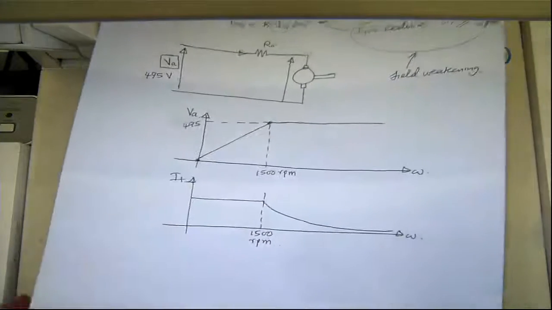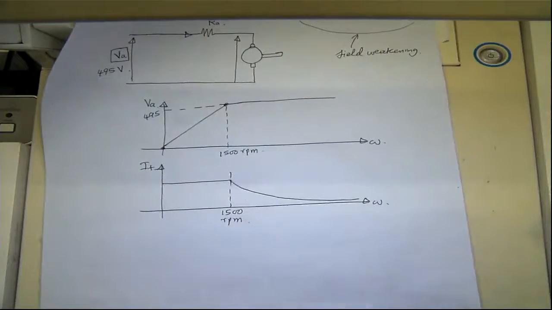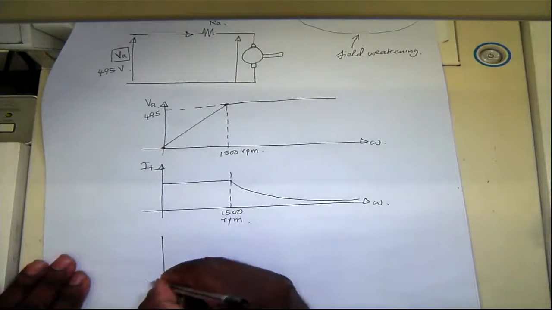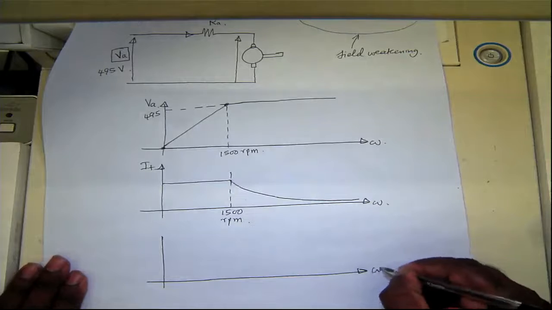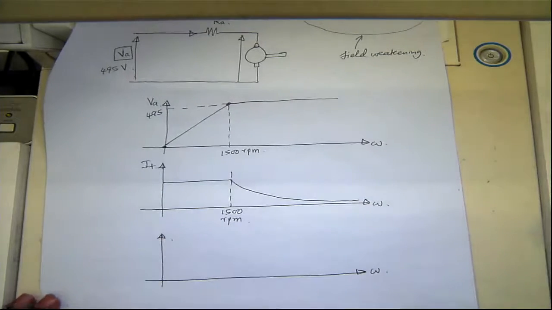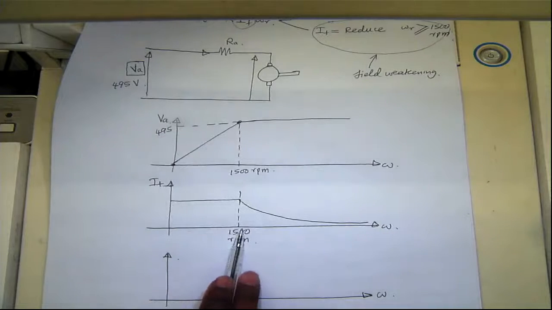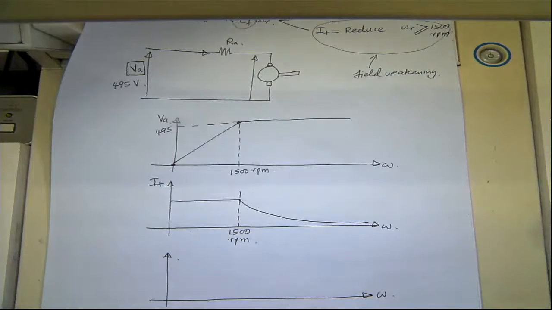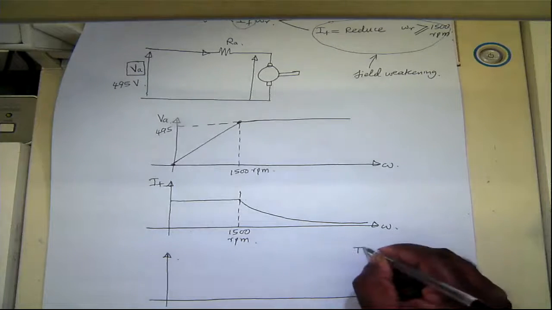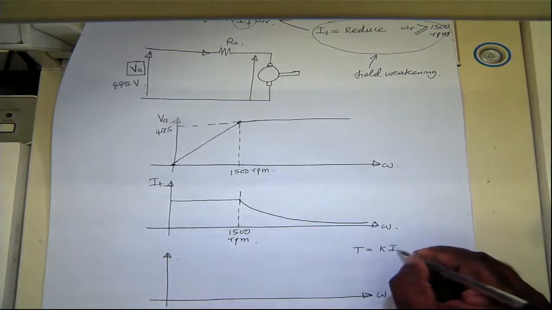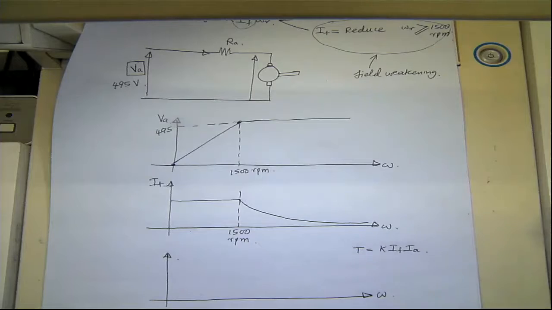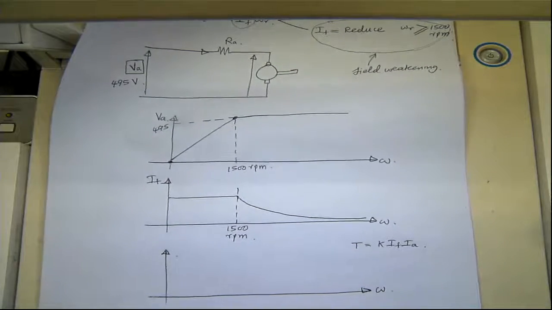Then your IA will be around here, producing rated current. If you look at the torque equation, torque is equal to K times IF times IA.